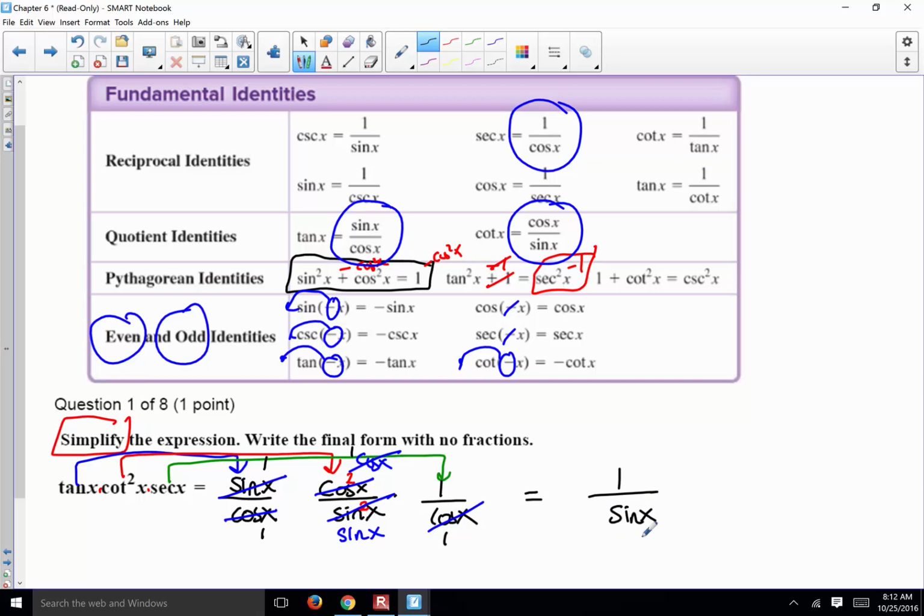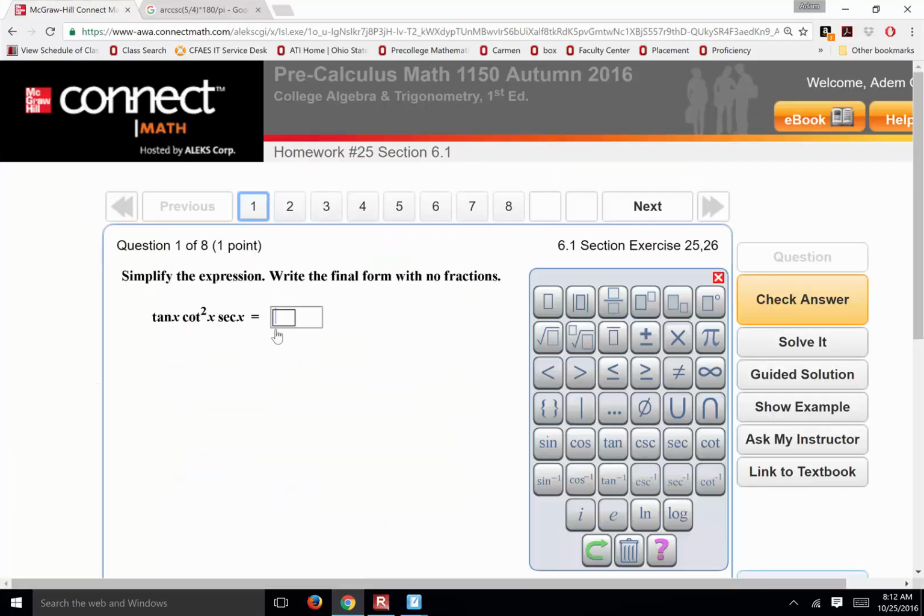Just sine. Can I leave my answer like this? I'm kinda okay. You kinda reduced it. But don't we know 1 over sine is something we very well know, which is cosecant x. I'm just curious if the system is gonna like 1 over sine though. Let's try 1 over sine first. This is right the final form of the fractions.